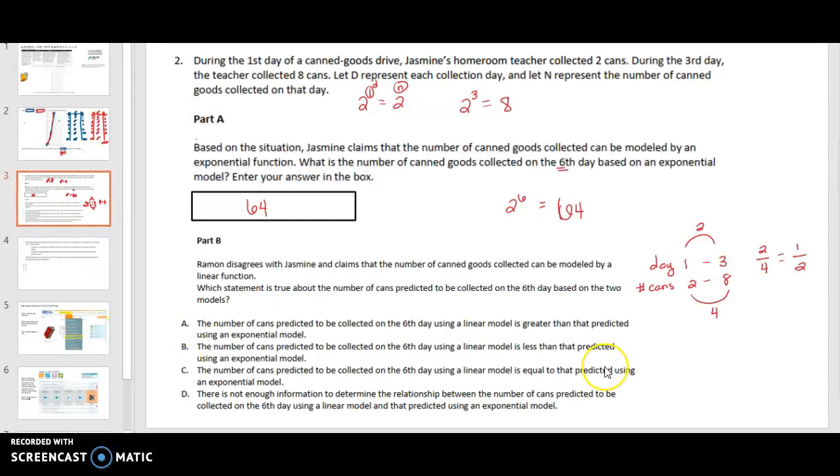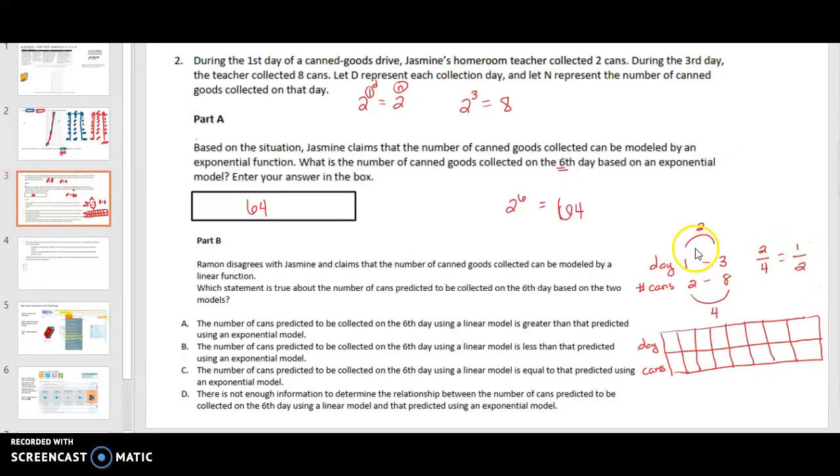So at 0 days they had 0, day 1 they had 2 cans. So we are going to create a little chart to help us figure this out. It's saying every 2 days that go by, 4 cans are added, or every 1 day that goes by, we're going to add 2.